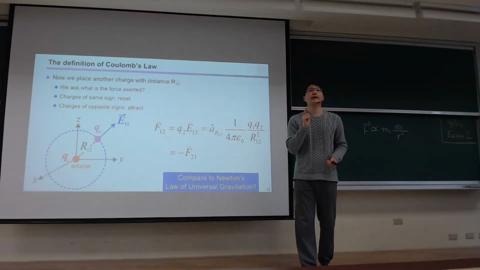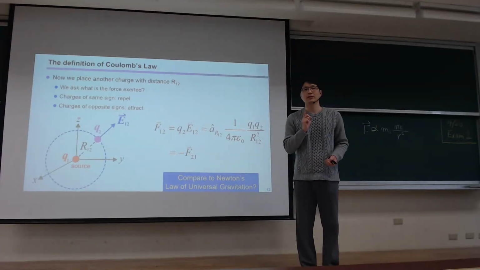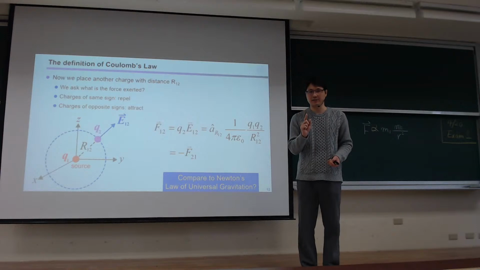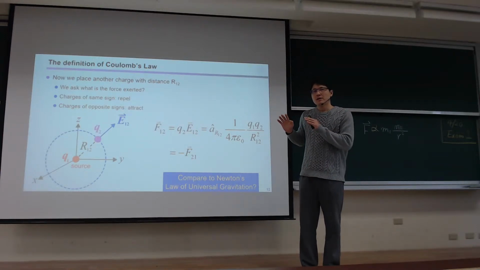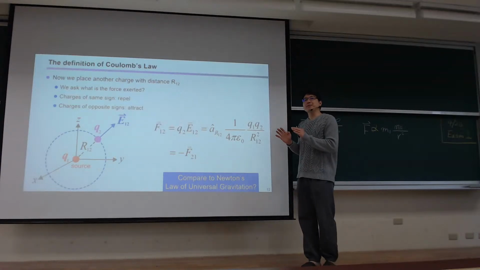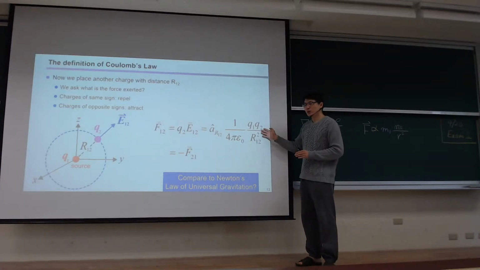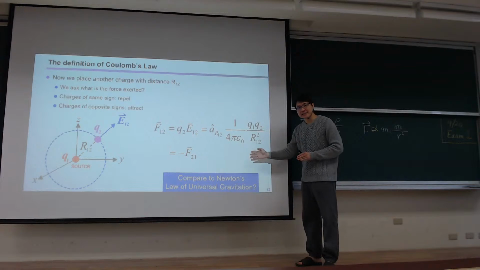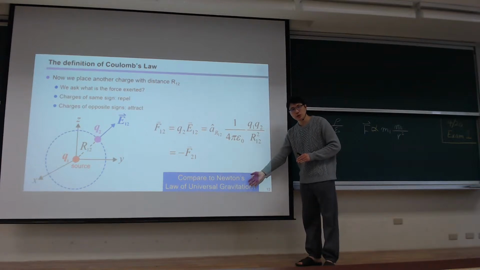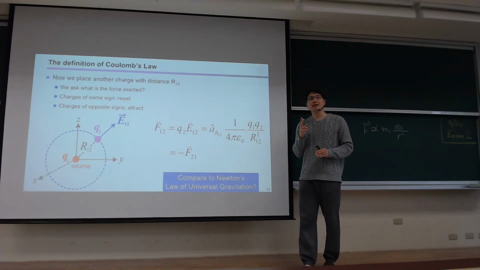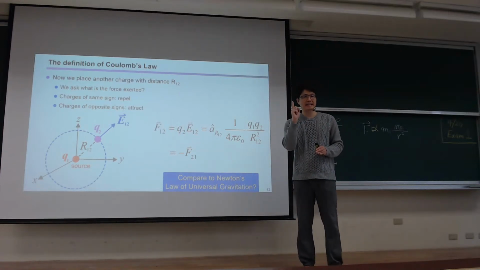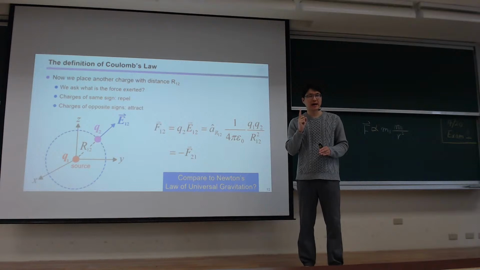But think more carefully. You have to be extremely careful and sensitive. In terms of amplitudes, Coulomb's law is identical to Newton's law. But they are dramatically different in one special aspect. And what is that?